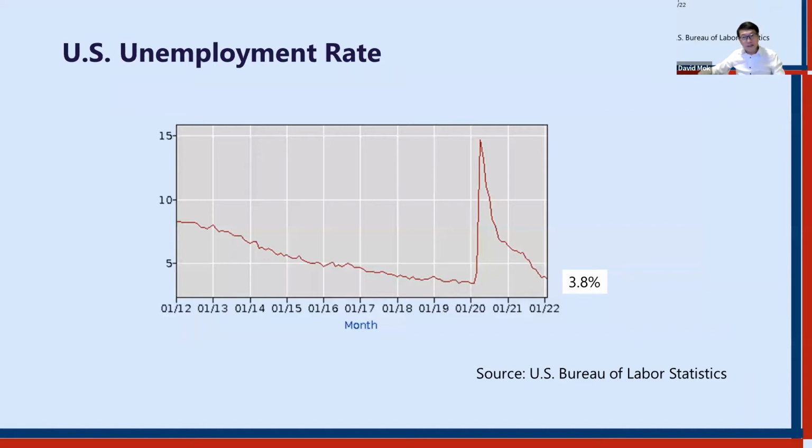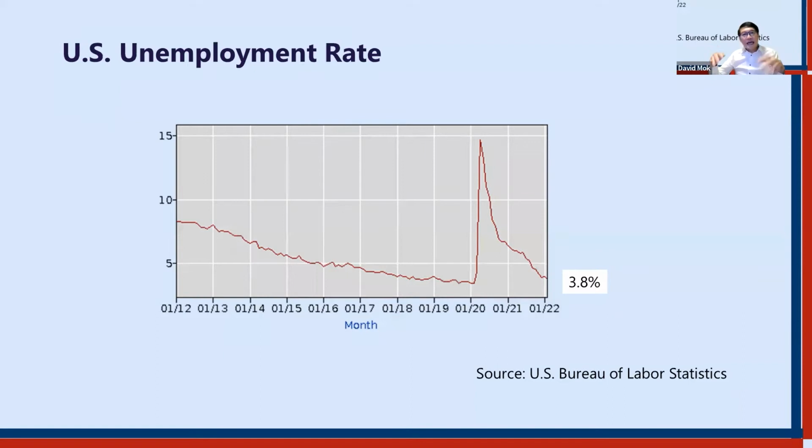Now, this is the unemployment. This is a good sign, by the way. And the reason why I paint you this picture is that I need you to think that inflation in its normal sense, without the Ukraine intervention, if it happens by itself, is a result of an economy doing well.